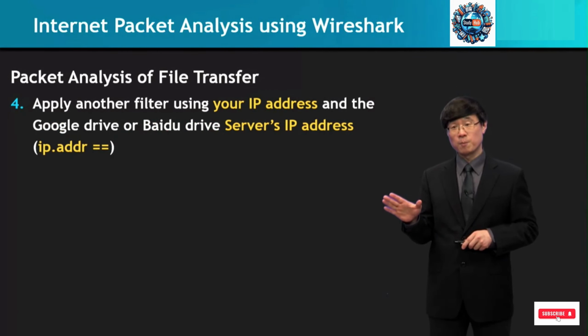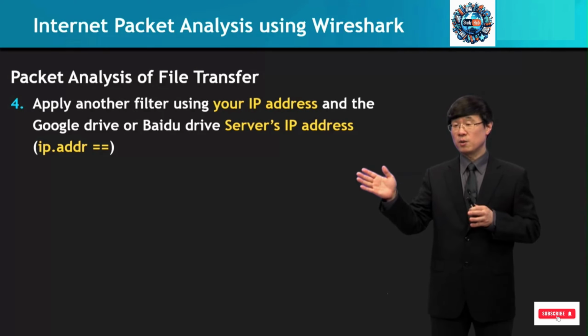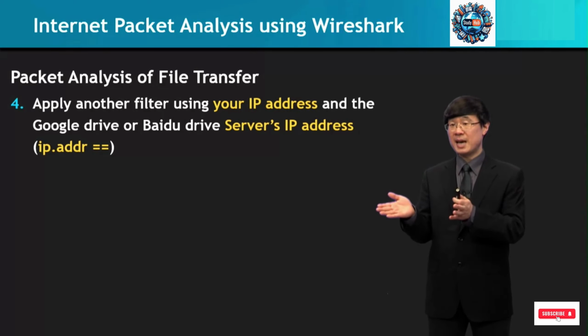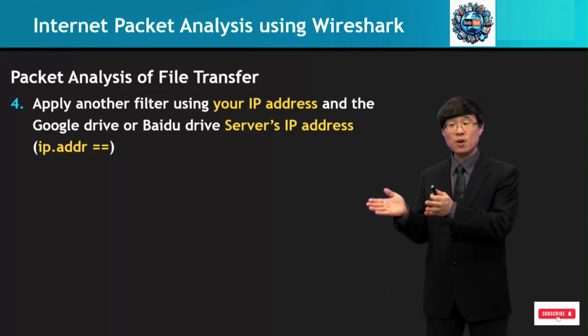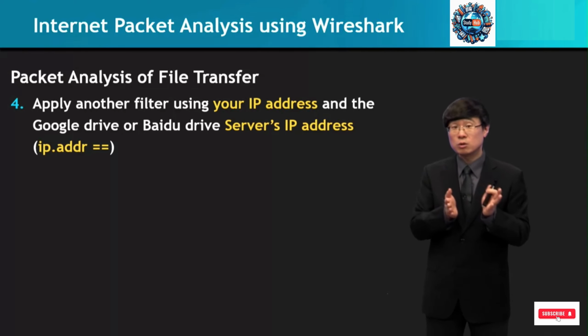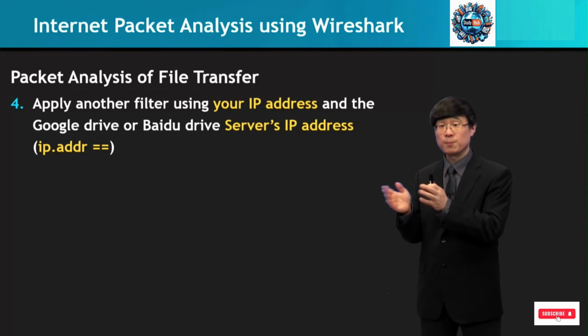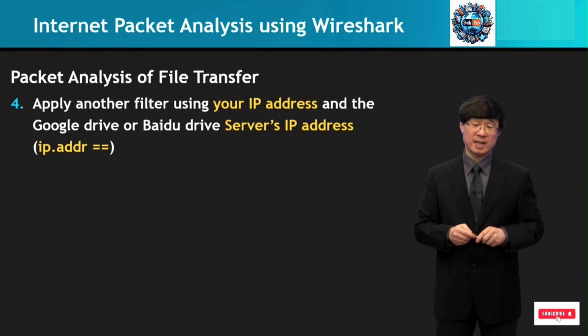Now, step number 4. Another filter you're going to use is your IP address and the server's IP address, which is either a Google Drive or a Baidu Drive, and you're going to combine the commands like this.